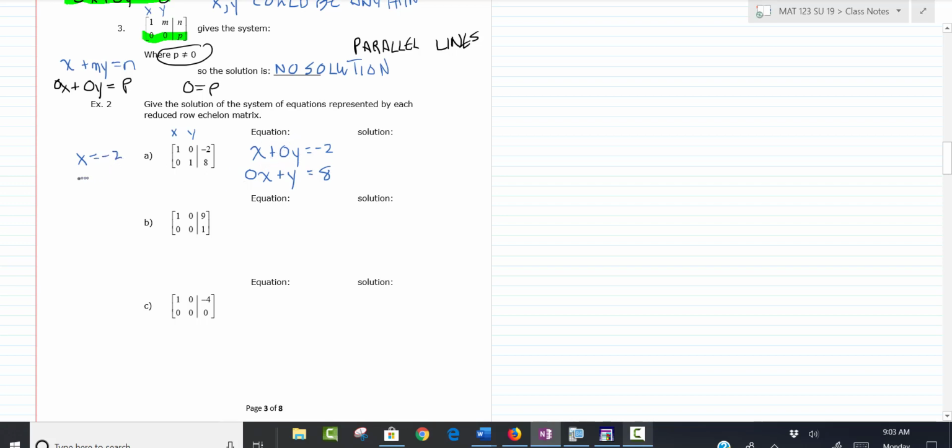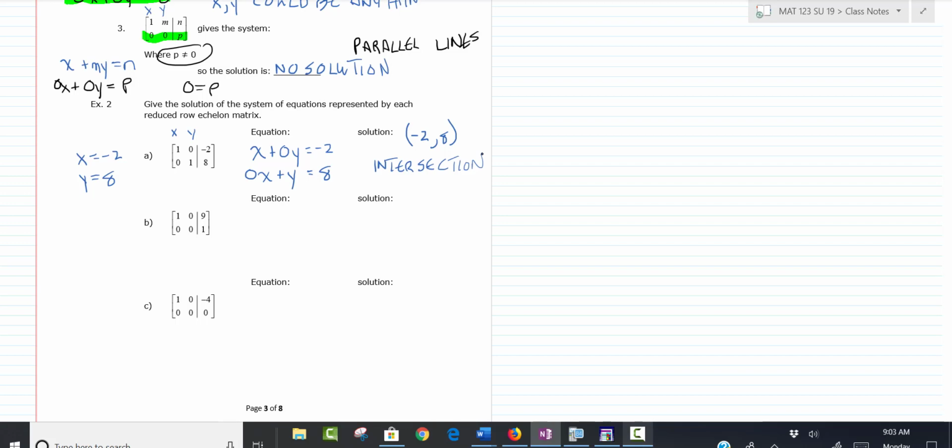And then the second equation would be y equals 8. Now I want you to write it that way to begin with, and then that'll help you understand why this is the solution. So the solution is just (-2, 8). That means that these two particular lines would intersect at that particular point, right?